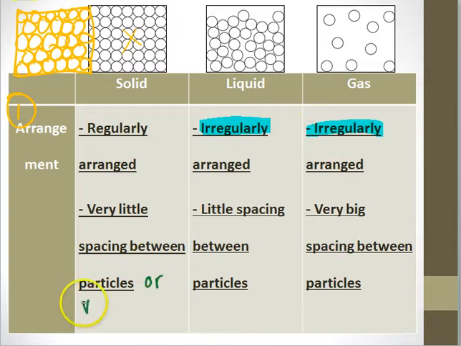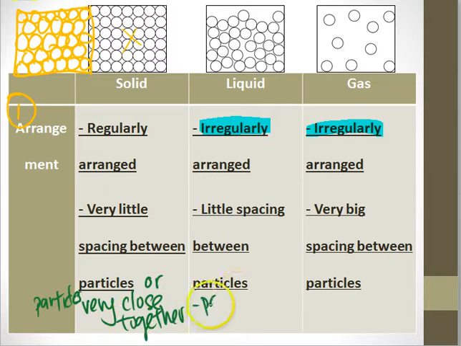Sometimes we tend to swap this. We will say for solid, the particles are very close together. For liquid, we say the particles are close together.